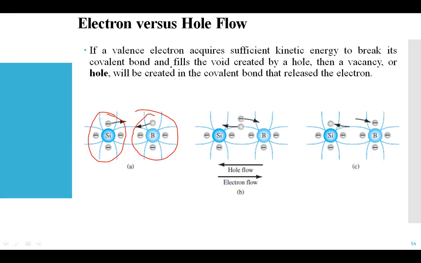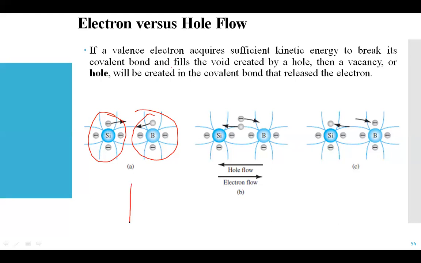Do you understand how the structure is given here one by one? Whatever energy is required for the valence electrons will break the covalent bond, which is filled by the void, or the holes, and the electrons are released from the covalent bond and replaced by the holes, and this process is continuous.